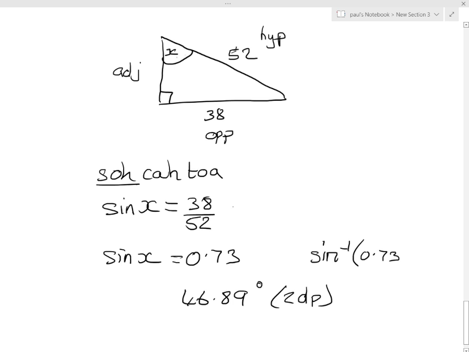And that seems reasonable, 40 odd degrees, yeah? Obviously, if you're going to get answers of more than 90 or something, you'll know you've done something wrong. So there you go. So that was a bit of trigonometry, a bit of Pythagoras as well.